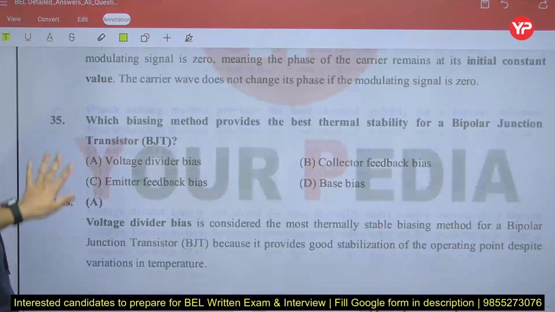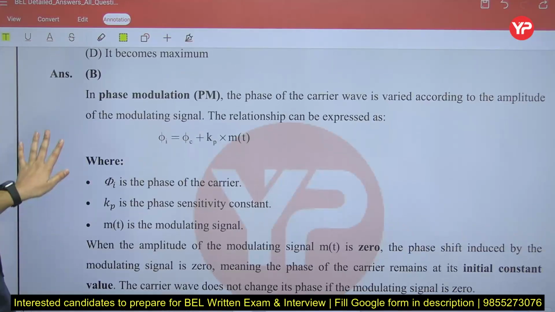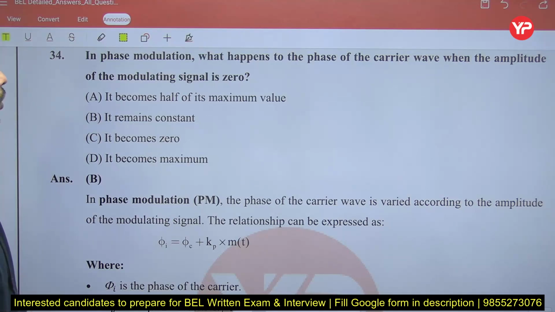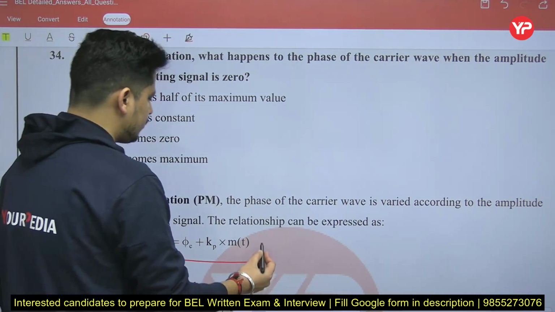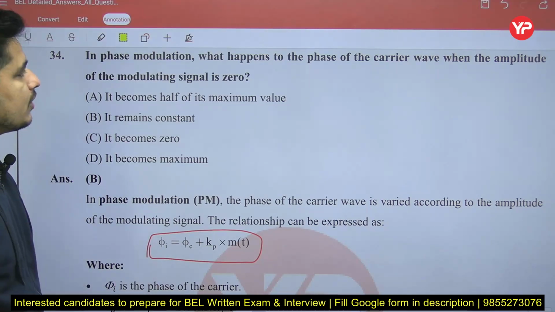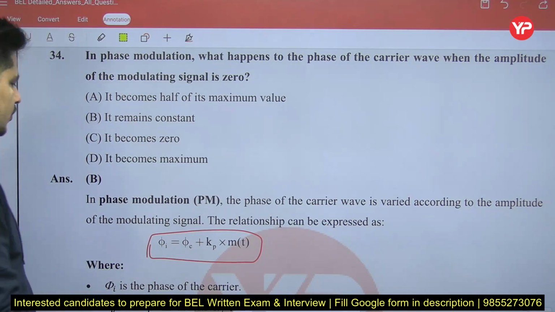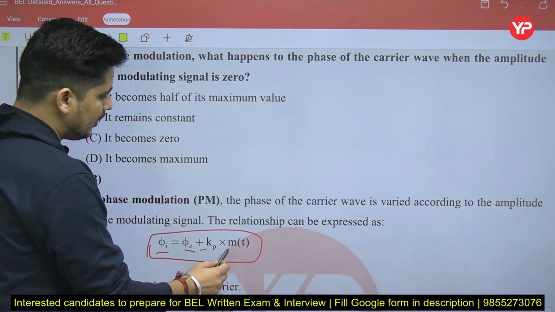Right. Next question is, in a phase modulation, what happens to the phase of a carrier wave when the amplitude of the modulated signal is 0? See, basically, the phase of a carrier signal when it is a phase modulated signal will be phi_i equals phi_c plus Kp into m(t).